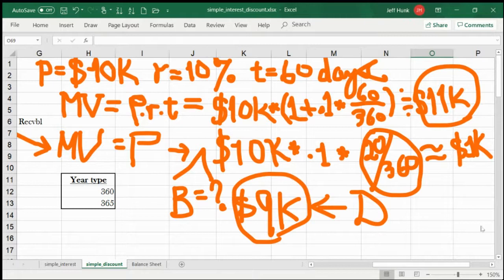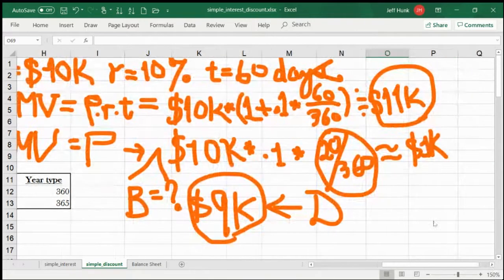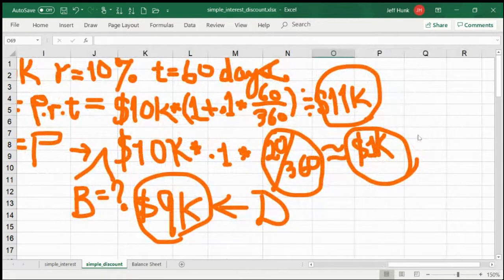The bank is going to hold it for 20 days, present it to the issuer, and receive 1K. So this is called the bank discount. In other words, you can think of it this way: that's the upfront interest that the bank takes.